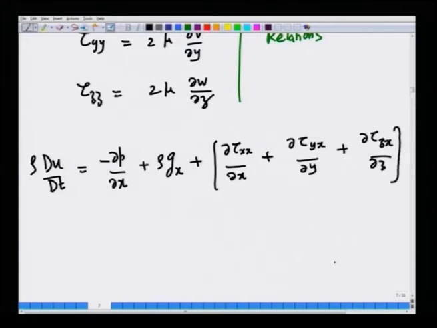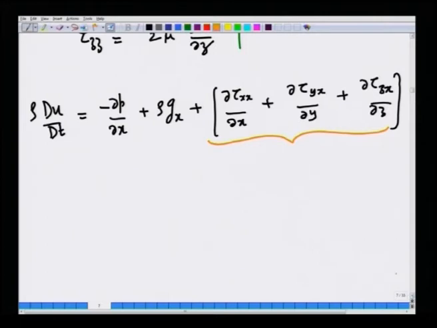Now, let us substitute all the 3 components. I am going to focus only on this term now, and then we can substitute this back in this expression.